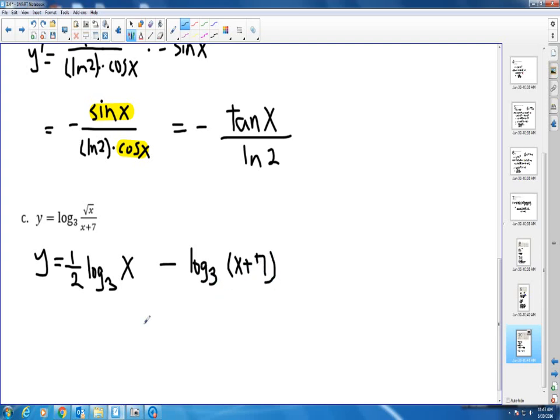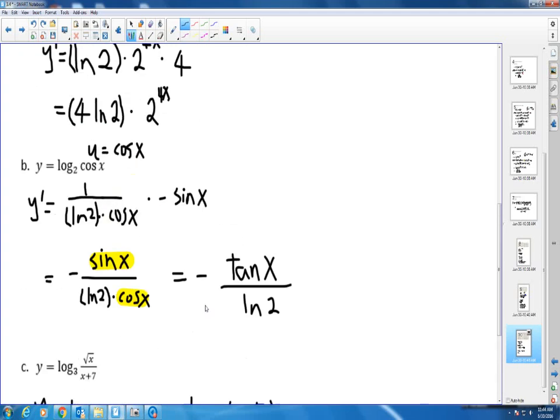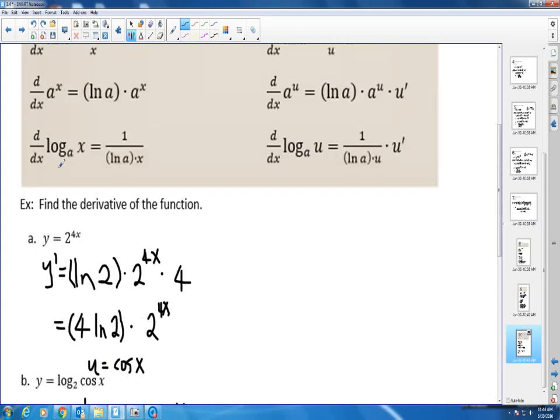So when I take a derivative, this is basically the derivative of the difference. So derivative of the first minus the derivative of the second. Derivative of the first: half stays as a half, times the derivative of log base 3 of x.